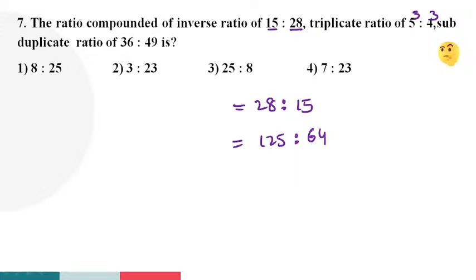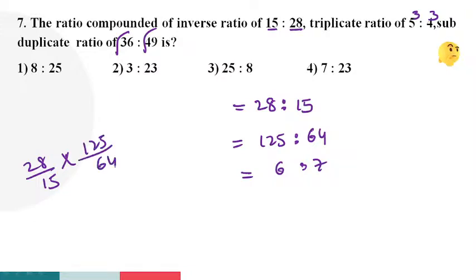And next, subduplicate ratio means root of 36 and root of 49, that is 6 is to 7. Compounded means 28 by 15 into 125 by 64 into 6 by 7.